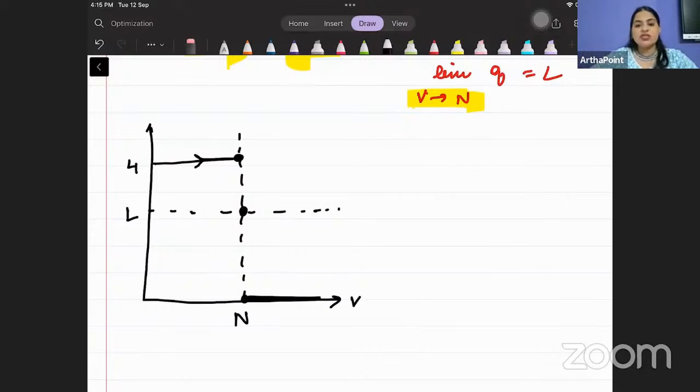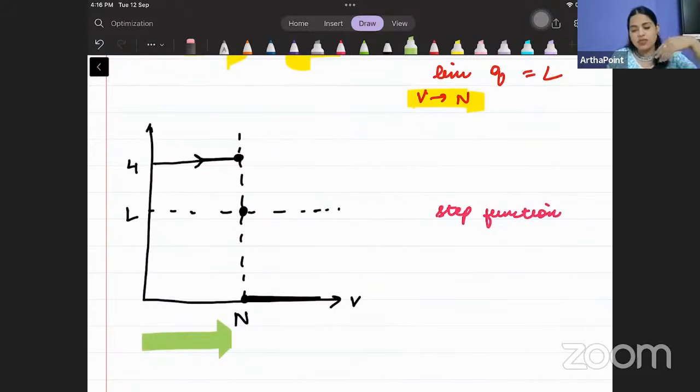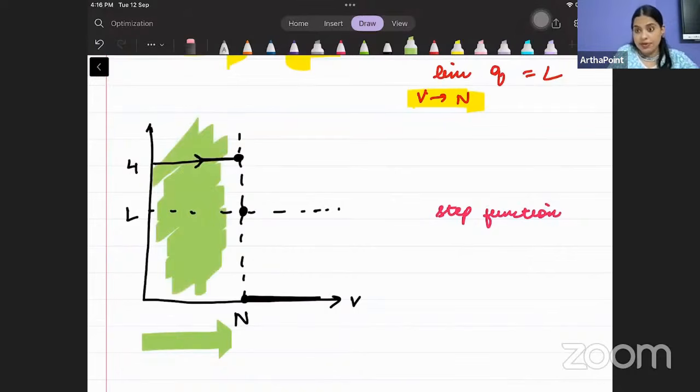Now let us try to understand what we have shown in this case. This function is called a step function. Try to understand this thing. When I am going towards n from the left hand side, which curve do we see on this side? The upper line, right?